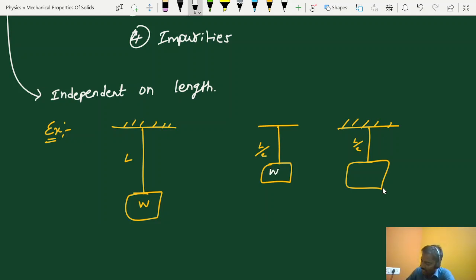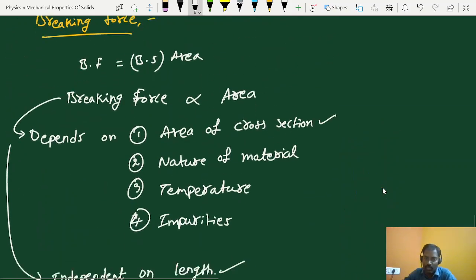They can withstand a maximum load of W because here length is changed. The maximum load or the breaking force does not depend on length, so it will be the same here. Depending on the given situation, you can approach the question.